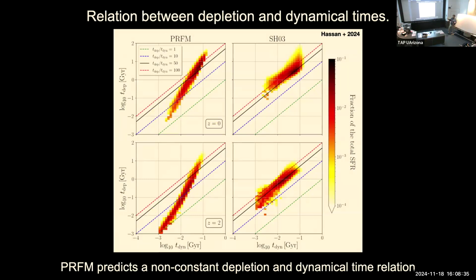If you use a constant relation, you might not expect to see that. The dynamical time for things in the early universe is actually smaller than in the local universe, and therefore you have a shorter dynamical time that corresponds to a shorter depletion time, and then you have efficient star formation. So I think it's a combination of two things: the feedback and the relation between depletion time and dynamical time. There's a question online.